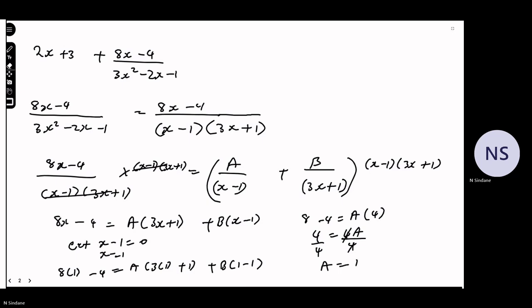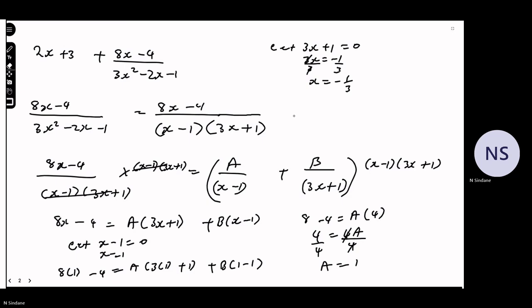Now let's get the value of b. Let 3x plus 1 be 0, so 3x equals negative 1, divide by 3, and x equals negative 1 over 3. Then let's substitute.